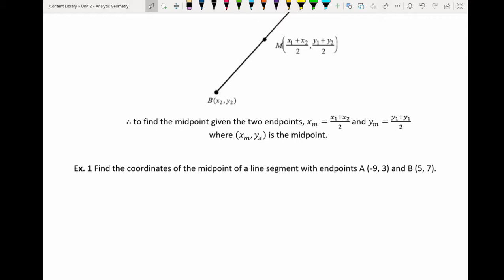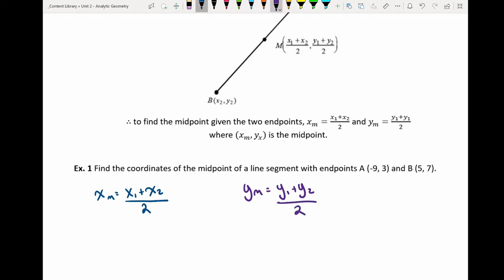I want to look for my x value for the midpoint, and if we go back up to our formula, the x value is x1 plus x2 divided by 2. And then the y value for our midpoint is y1 plus y2 divided by 2.